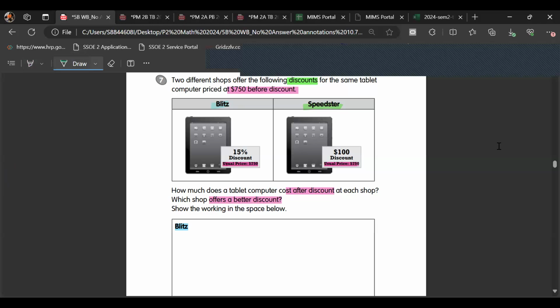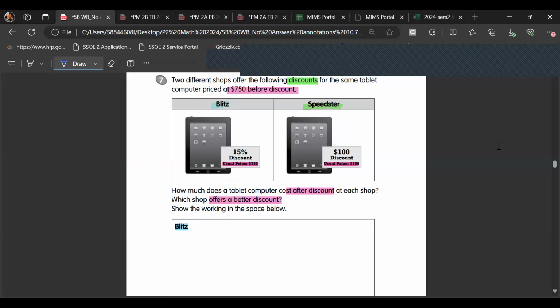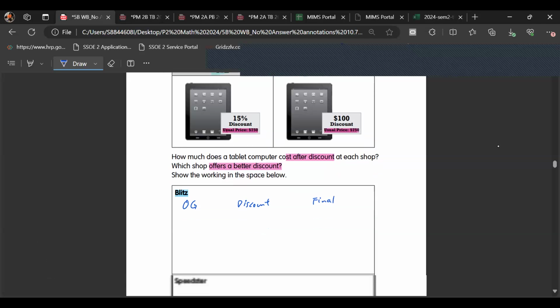So for Blitz, in the blue area, Blitz discount. So you have the original price, then write down like that: original price, discount, final.